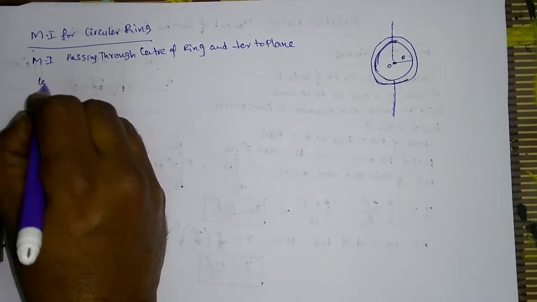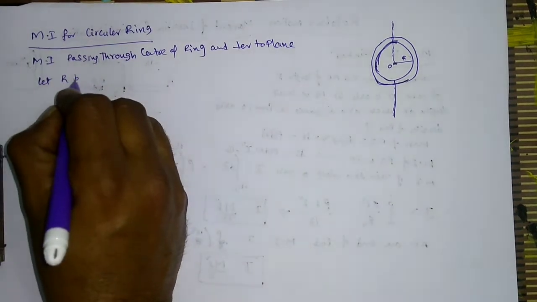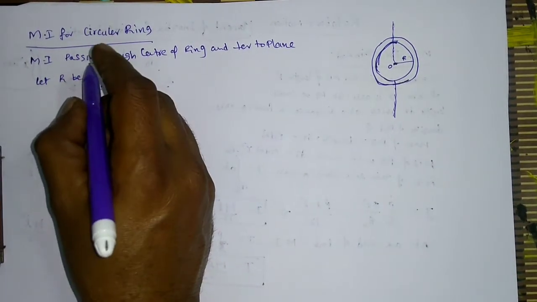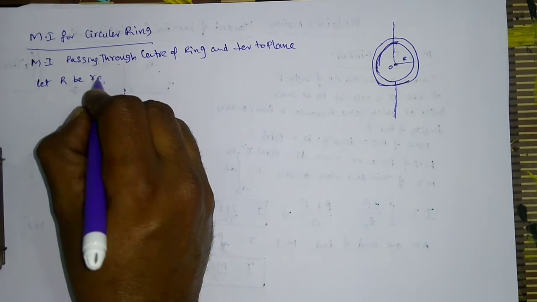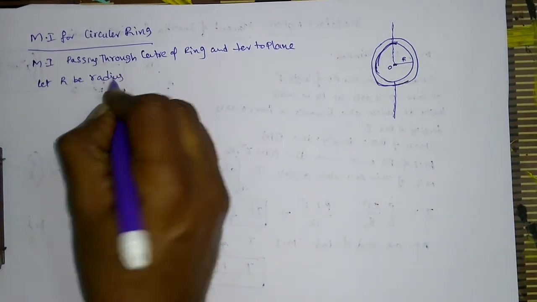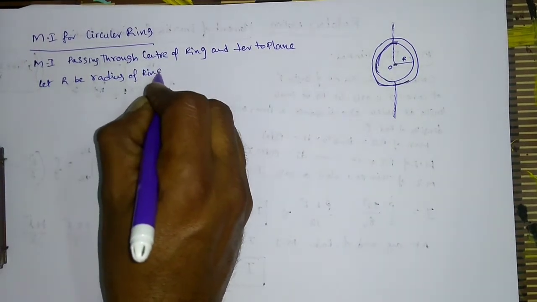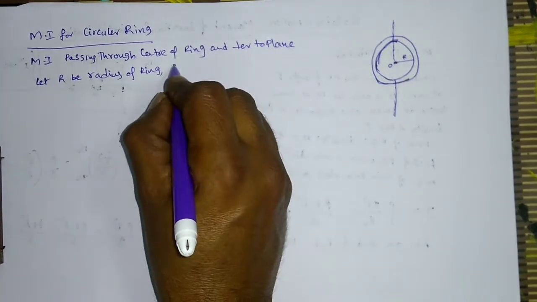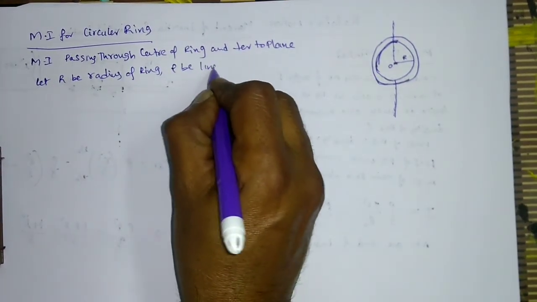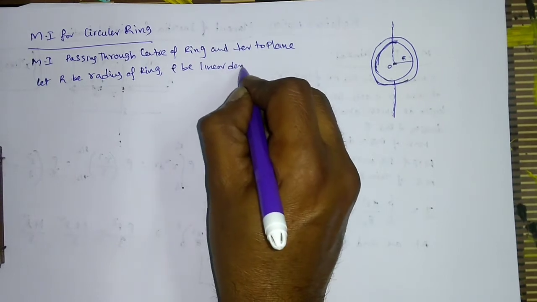Here let r be the radius of the ring and rho be, as usual, the linear density.